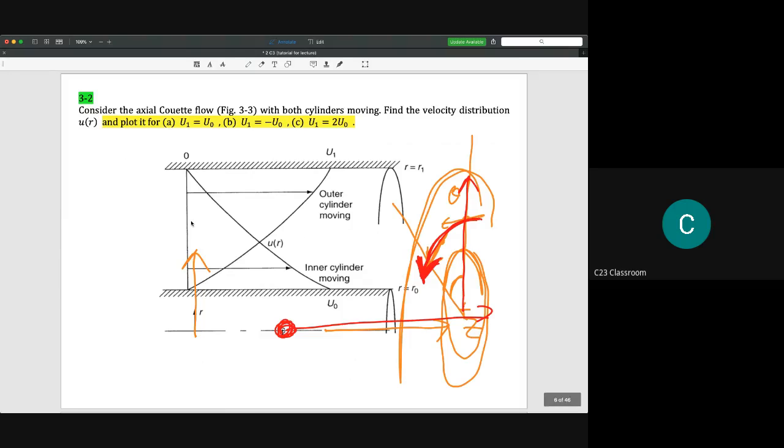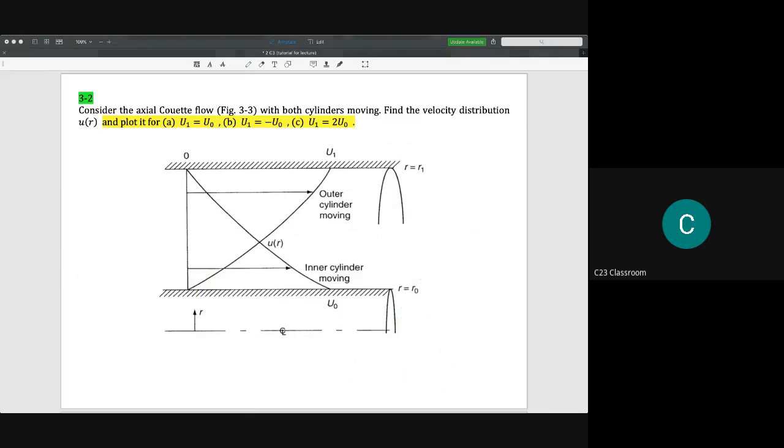The first step that you need to understand is which equation suits your application. In this situation, if we have one cylinder like this, and then another cylinder like this, for sure it will move like that.